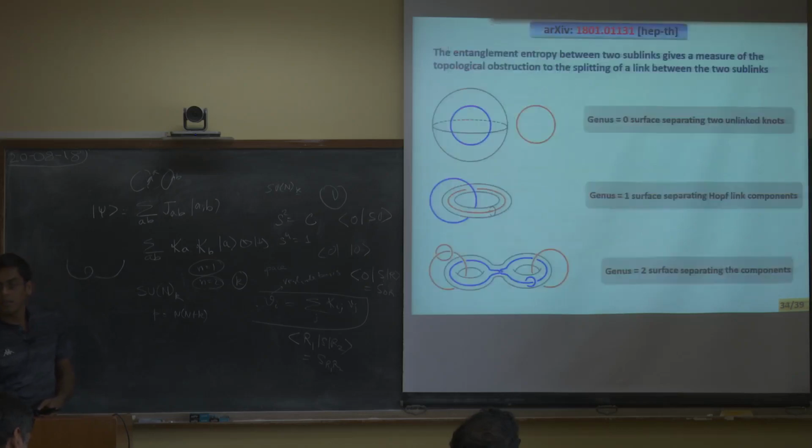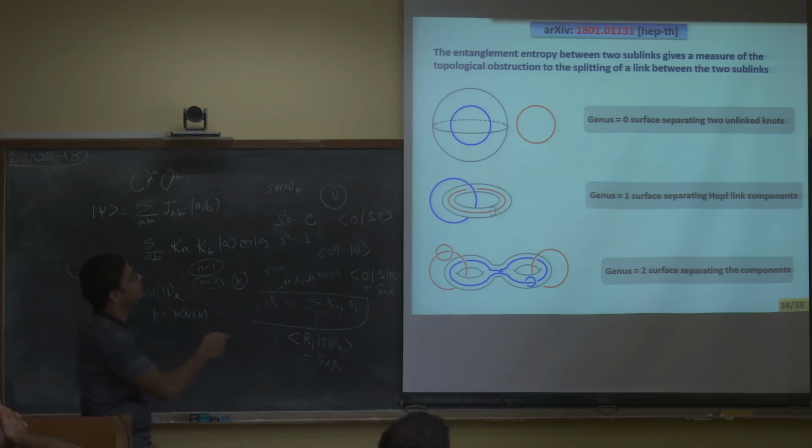Okay, and this is another result in this paper. They try to interpret this entropy similarly to the Ryu-Takayanagi result. What they are saying is that the entanglement entropy between the two sublinks gives a measure of the topological obstruction to splitting the link between the two sublinks. For example, this is an example of two unlinked unknots.